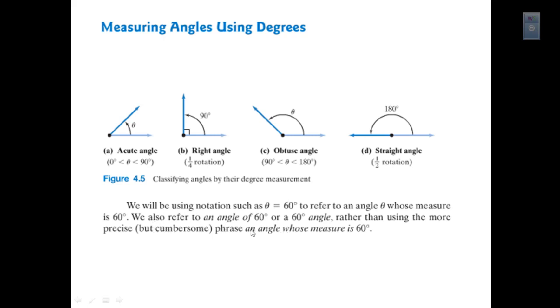We also refer to an angle of 60 degrees or a 60-degree angle rather than using the more precise but a little longer and cumbersome phrase, an angle whose measure is 60 degrees. That's the correct way to say it, and that's the correct meaning, but we're going to shorten that down just a little bit so discussing it is not quite as much of a pain.